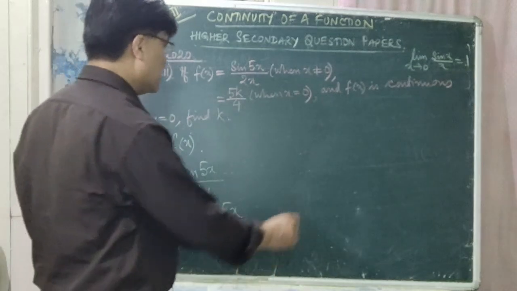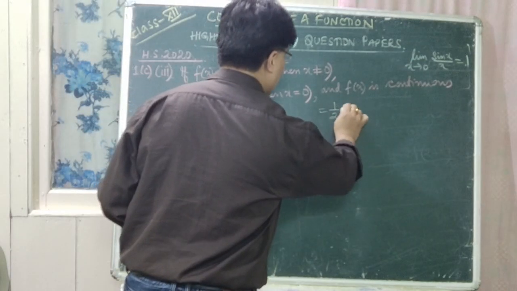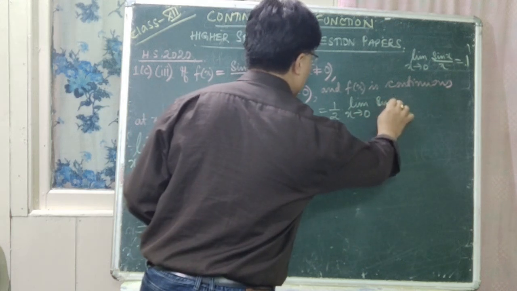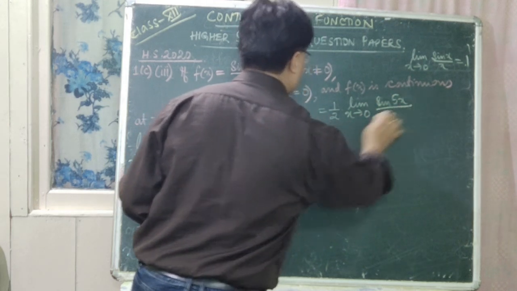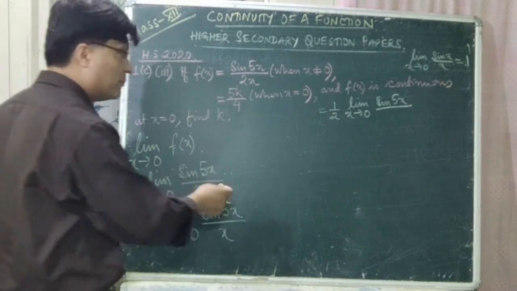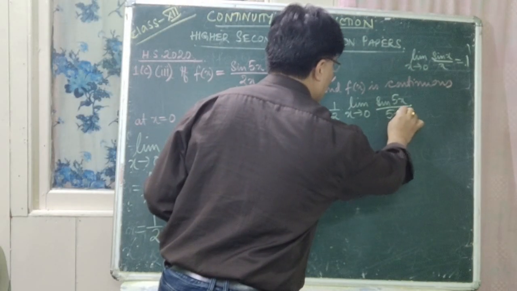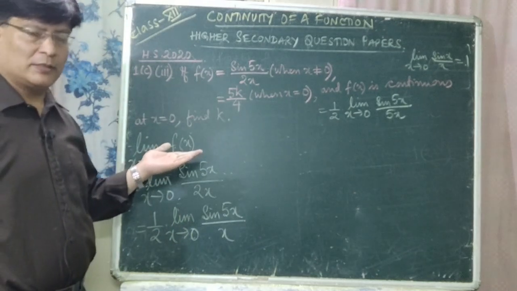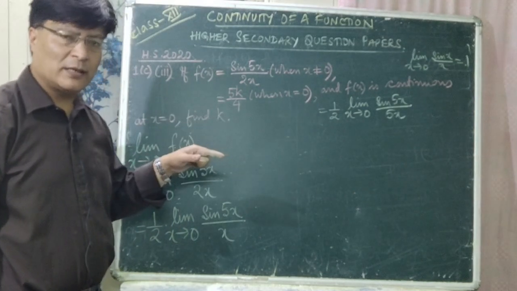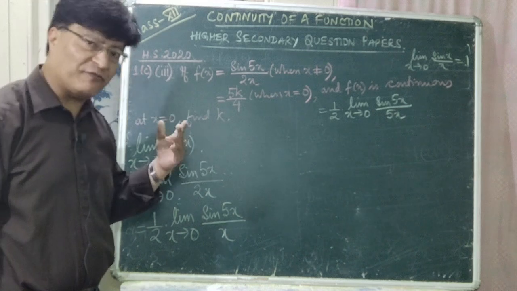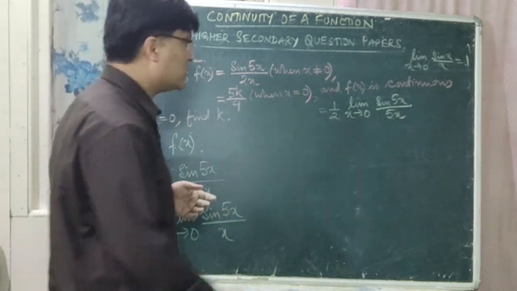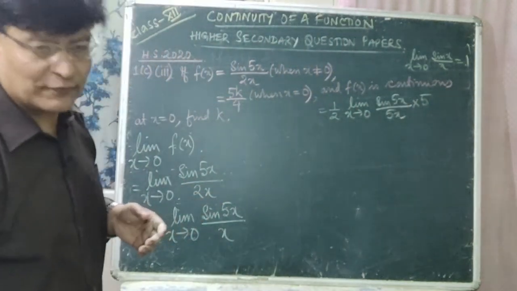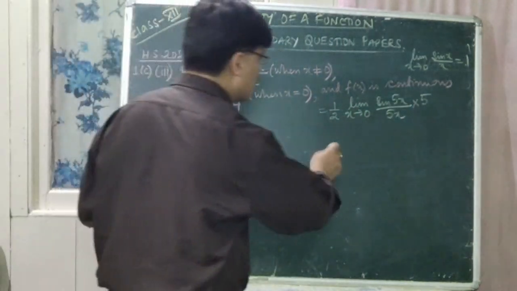So let us simplify it first, which is equal to half into limit x tends to 0 sine 5x divided by x multiplied by 5. So it is 5x, right? But you should cancel that 5. Since we have multiplied this x in the denominator by 5 ourselves, you have to cancel it. So you should write into 5 now. 5 is a constant quantity, you can take it outside the limit.